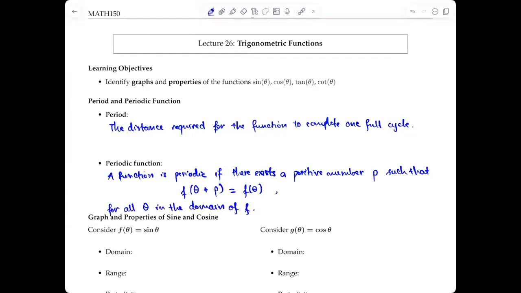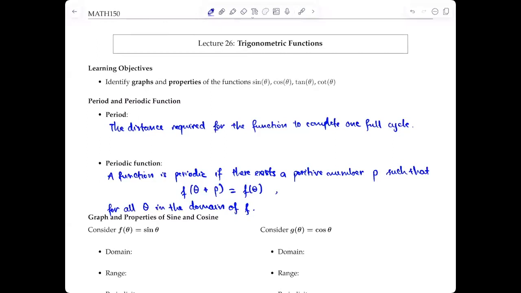So go back to the unit circle that you saw earlier. Again, you start at 0 degrees. Cosine of 0 is equal to 1. You complete one full cycle, one full 360 degrees, and you go back to cosine of 360 degrees equal to 1. So in that scenario, you say that the cosine function has period 2 pi.